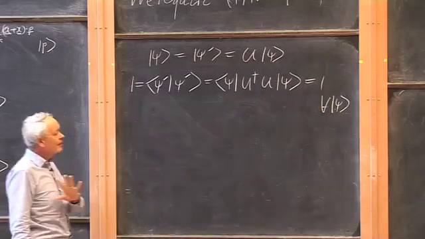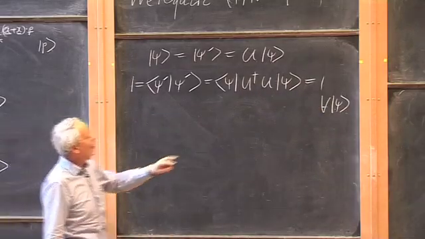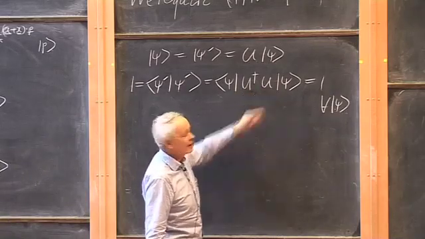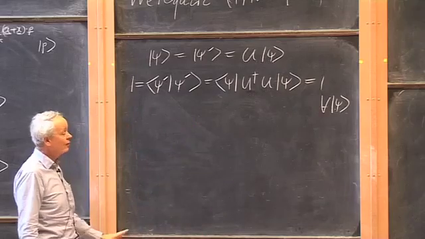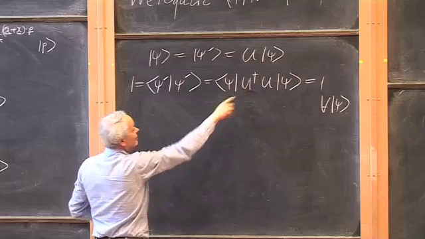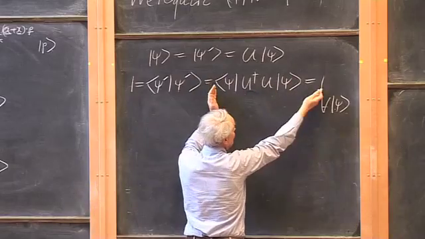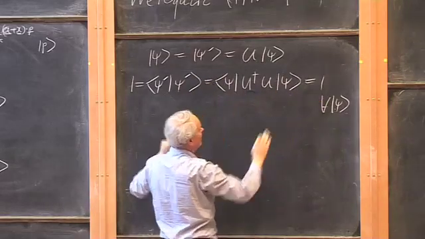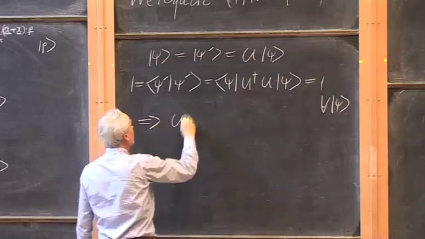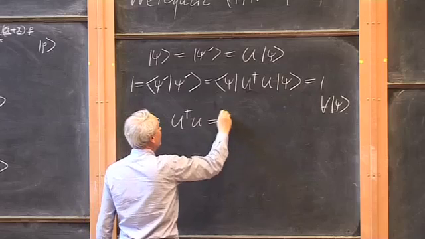And there's a technical detail about establishing that this is 1. There's a box in chapter 4 of the book doing this, which I don't propose to go through. It's very straightforward and simple, but I don't want to take the time to do it because it's mere mathematics. From the fact that this has to be 1 for any ψ, we can deduce that U†U is in fact the identity operator.